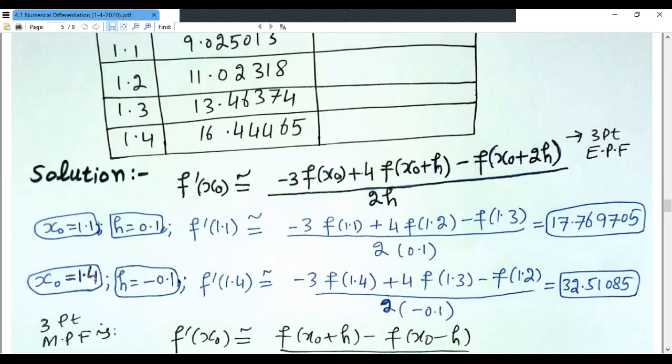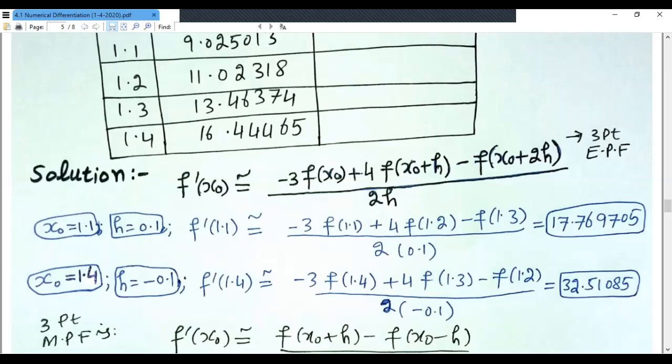Similarly, look at the other point, 1.4. Note that 1.1 and 1.4 are the endpoints in this table. So of course we have to use the endpoint formula for both these cases. But in case of 1.4, we have to choose h as minus 0.1. Look at this, minus 3 f of x naught.